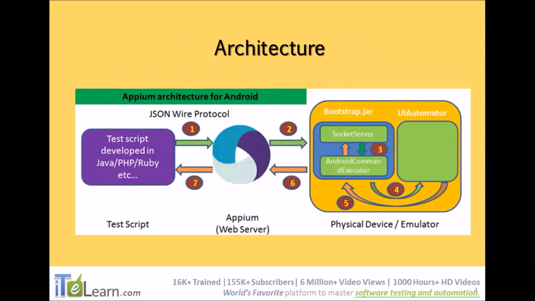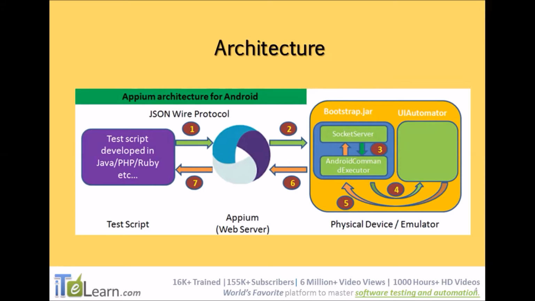Okay, so in this slide, I will explain the main concept about test automation on mobile platforms, and how Appium with its client server architecture makes the test automation very robust.